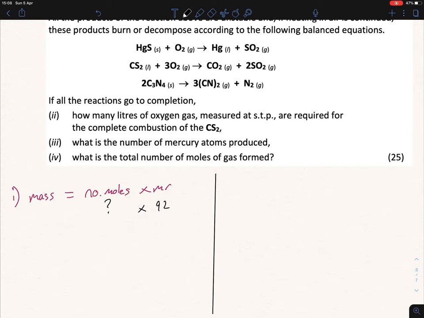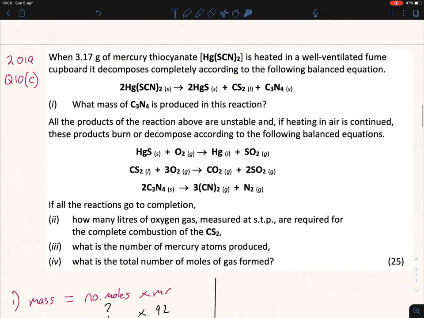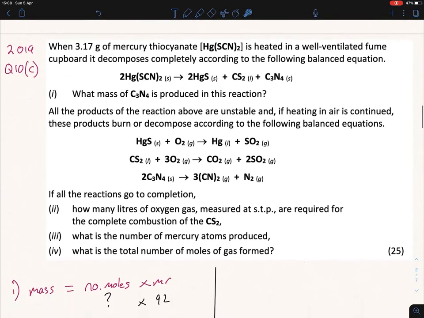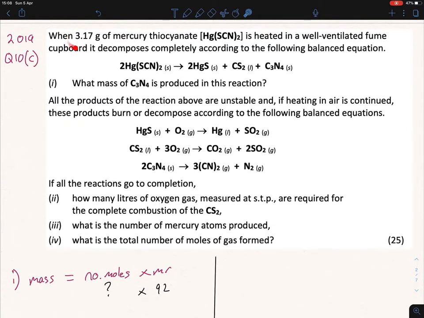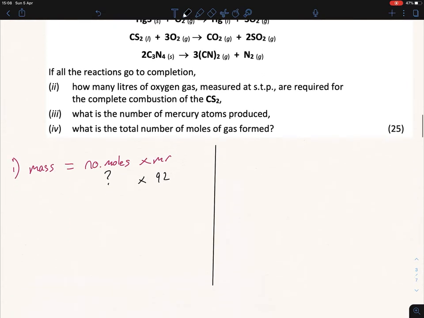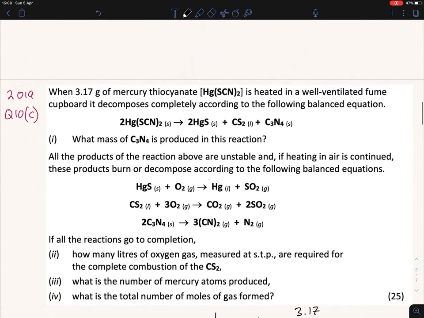So let's go back up. We have to find out our number of moles of something else, and we're given a number of grams here of the mercury thiocyanate. So I write down my formula for number of moles: mass over MR, and we're told it's 3.17 grams. Now we have to figure out the MR of the thiocyanate.